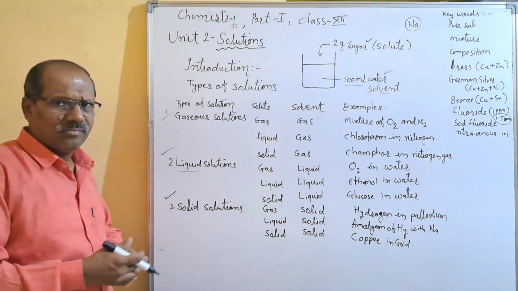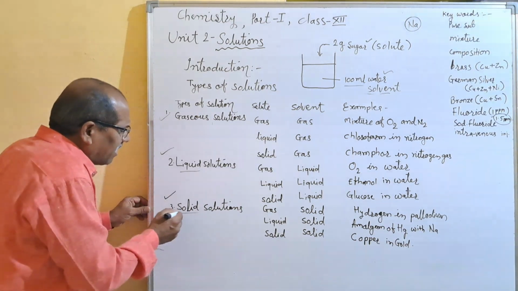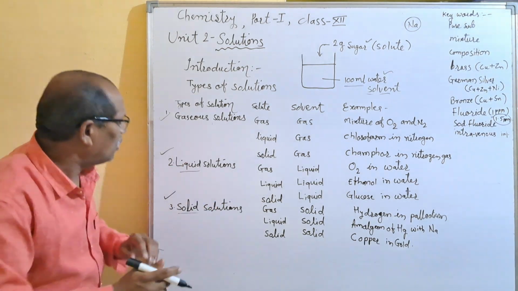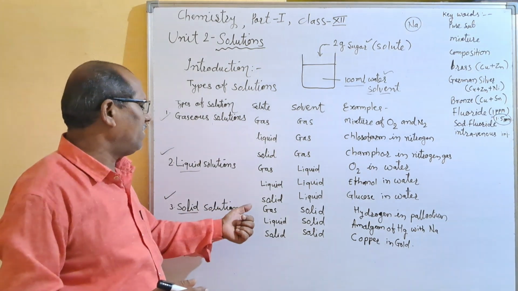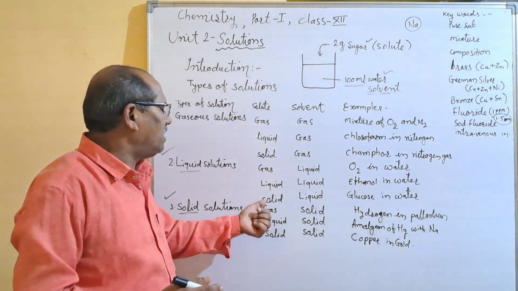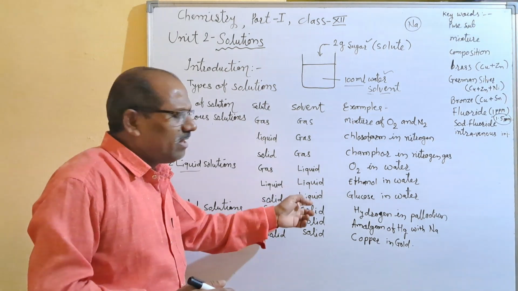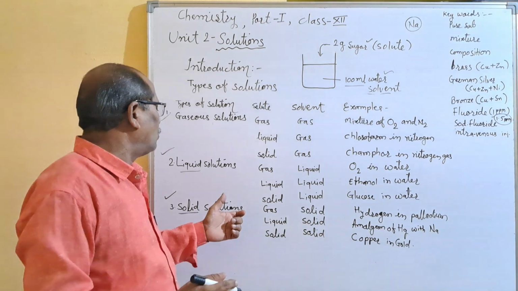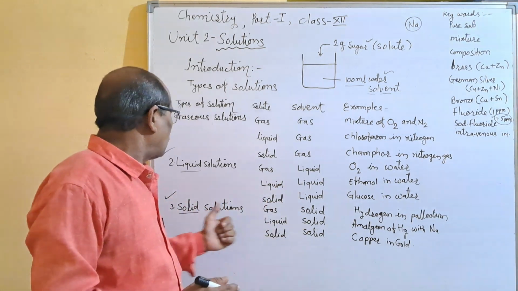Then what do solid solutions mean? The term itself indicates that the solvent should be solid, the major part should be solid, and the lesser parts will be gas, liquid or solid. Whenever gas is in a lesser quantity acting as solute, and solid is in a larger quantity acting as solvent, that is the gas in solid type of solid solution.